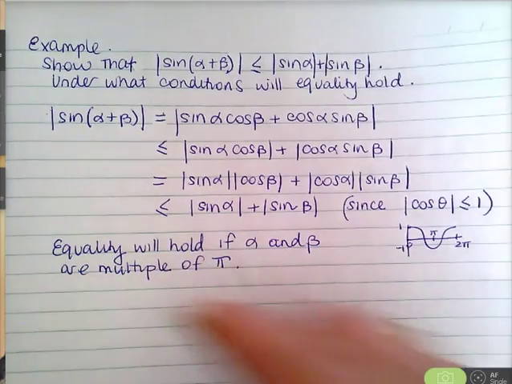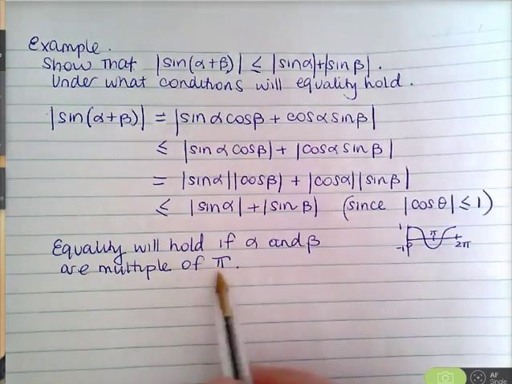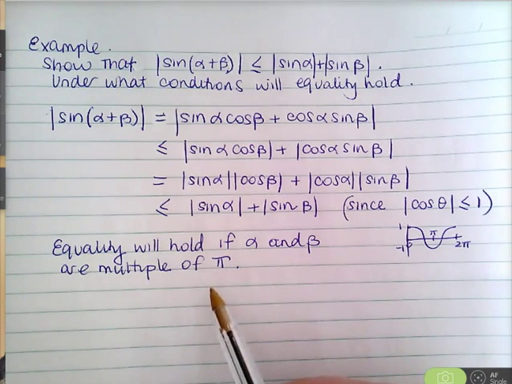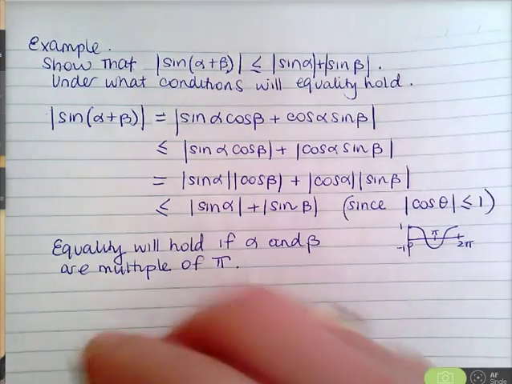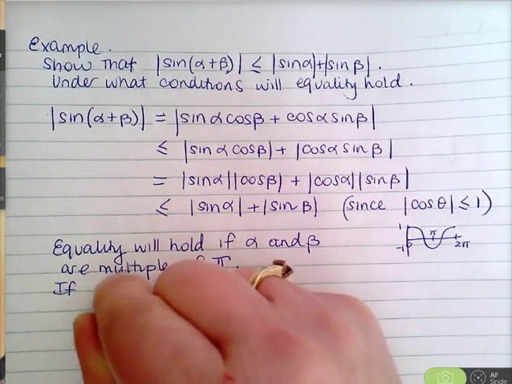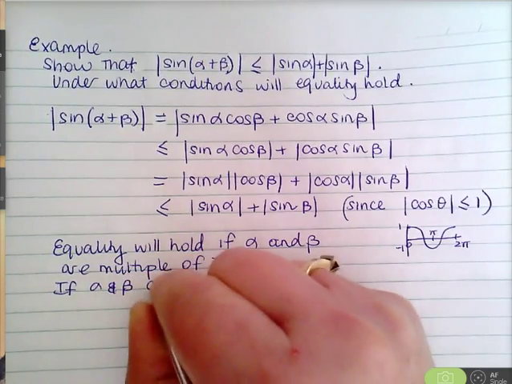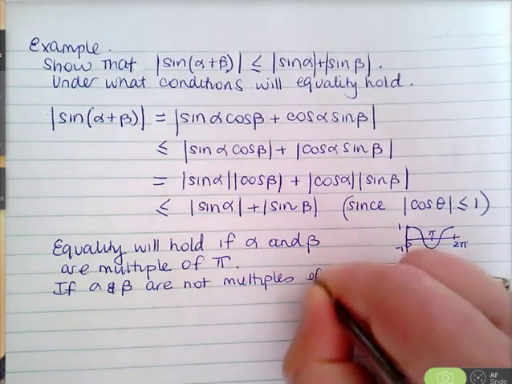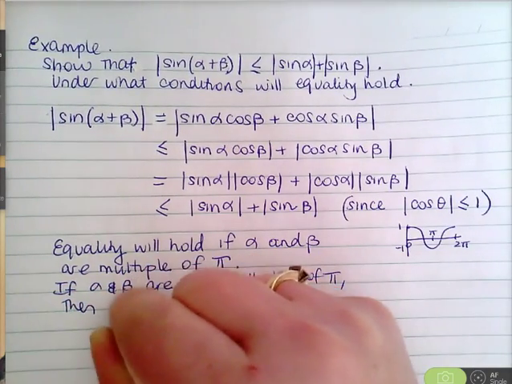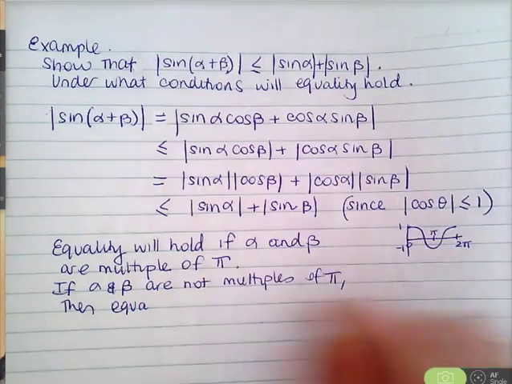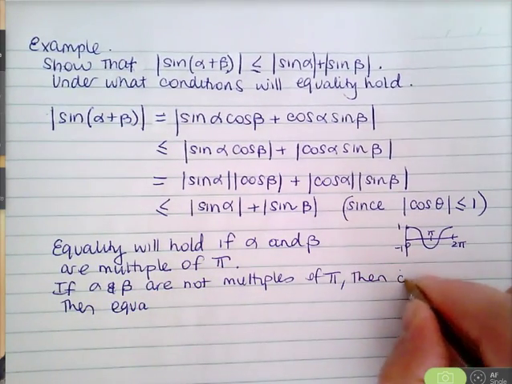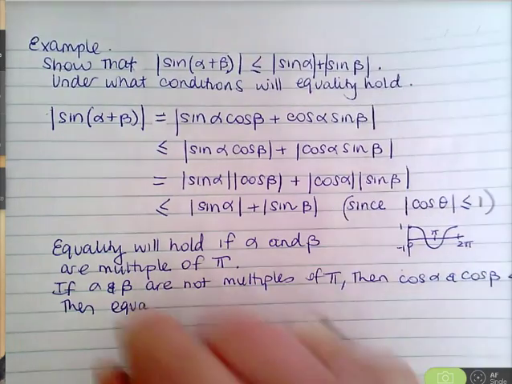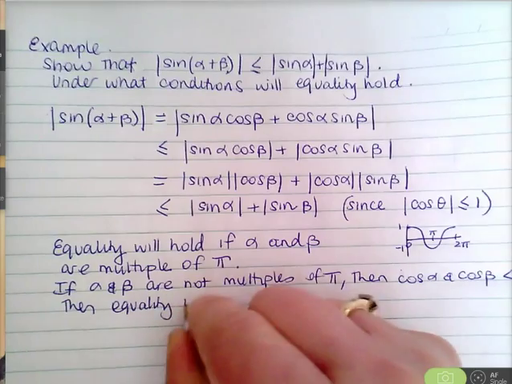If alpha and beta are not multiples of pi, then cos alpha and cos beta will be less than 1, and therefore equality will not hold.